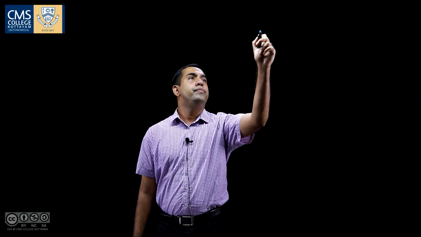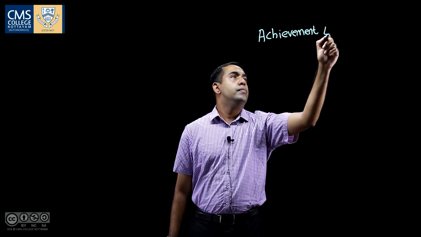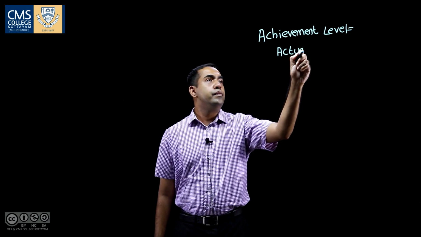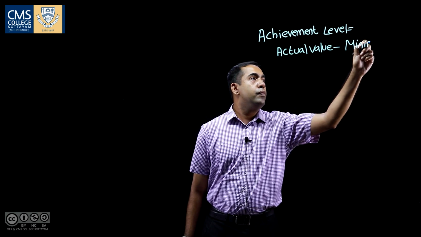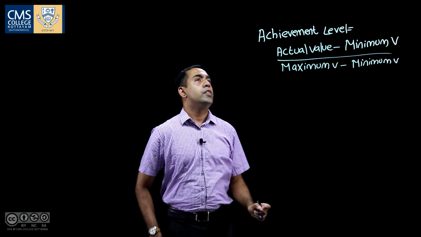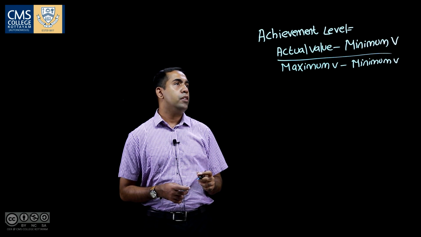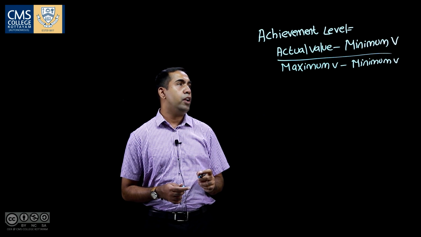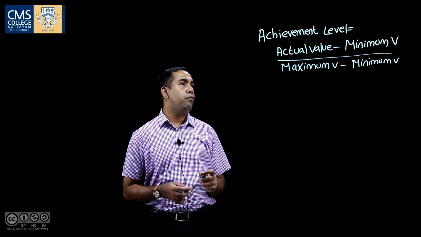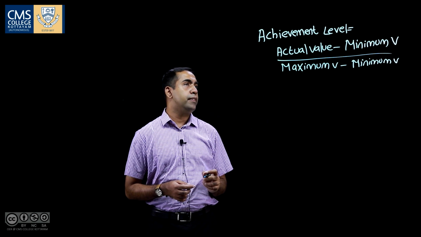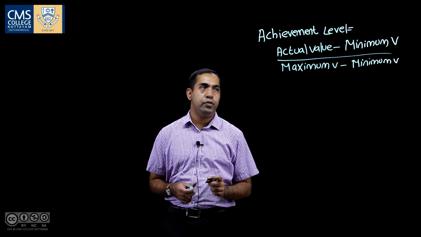Here is the general formula for the conversion: actual value minus minimum value, the whole divided by maximum value minus minimum value.